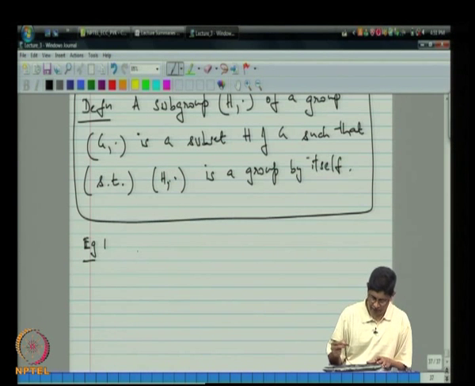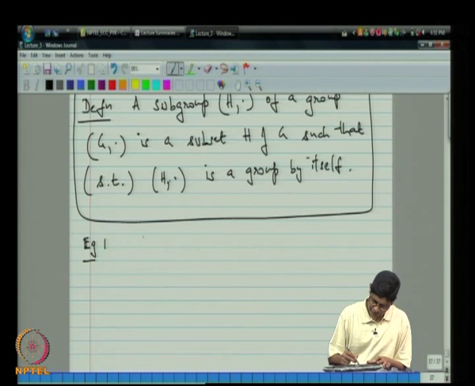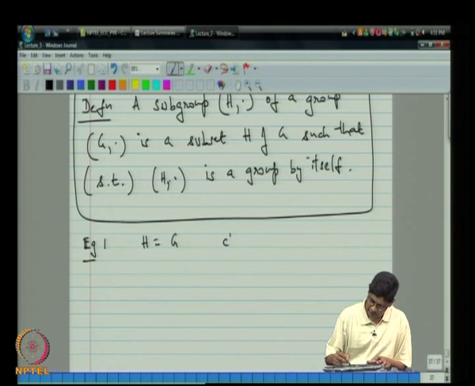The first two examples are trivial examples. H is equal to just the group itself, it is clearly a subgroup.